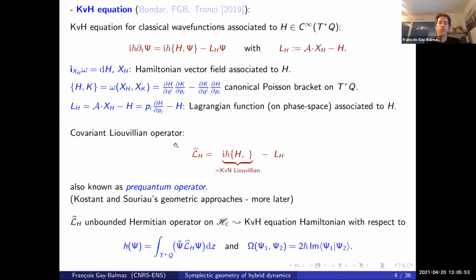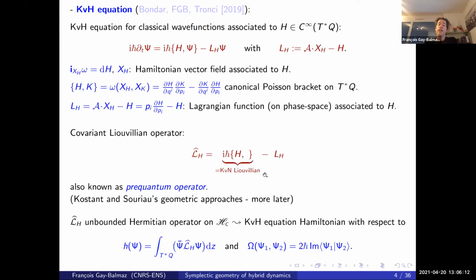This is just to recall the form of the KVH Liouvillean that we use. Remember from the earlier talk that this is the ordinary KVN Liouvillean modified by this Lagrangian.